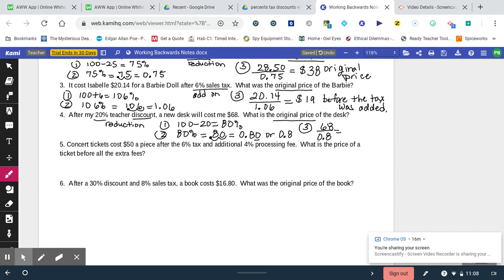If you're not looking for the original, it's okay to multiply. So the original cost is $85. And as expected, it is higher because it was only $68 once they took the discount. All right, let's look at 5.